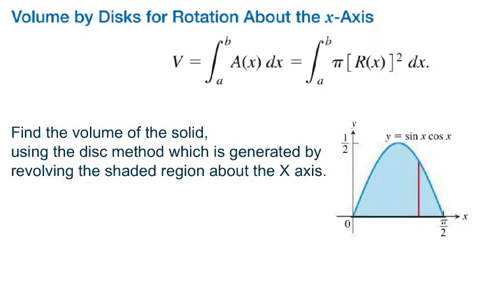So we're going to find the volume of the solid using a disk method, which is generated by revolving this shaded region here about the x-axis. So that's a rotation about this axis. All right, so if we take that shaded region and rotate it about the x-axis, we would get kind of this double-ended parabolic shape, right?